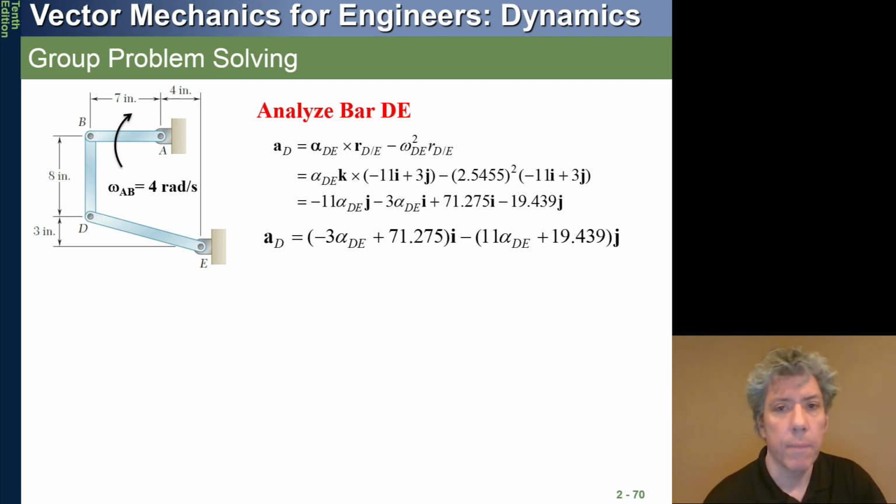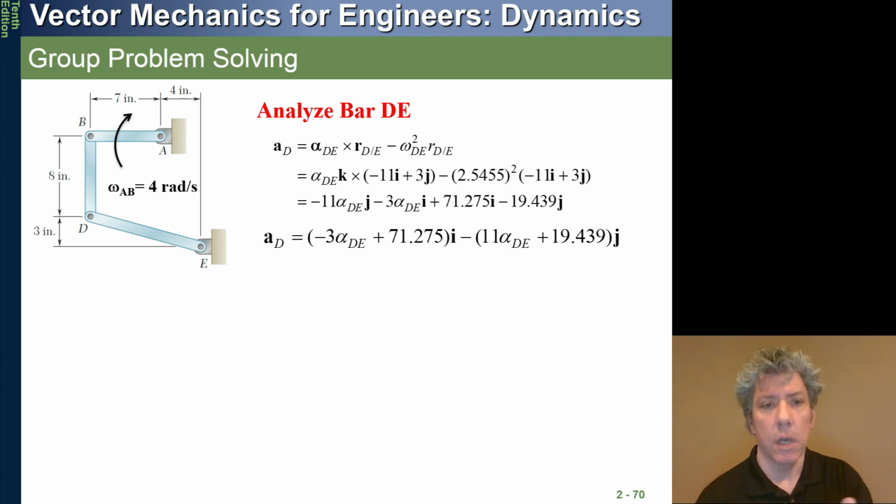It's point E. And then they write the normal piece as, again, a negative omega squared, the angular velocity of bar DE, times the vector r from E to D. And notice again they've taken it in the negative direction. All they really mean by that is that the normal acceleration points against vector r of D with respect to E.